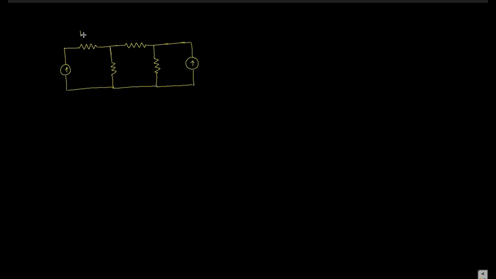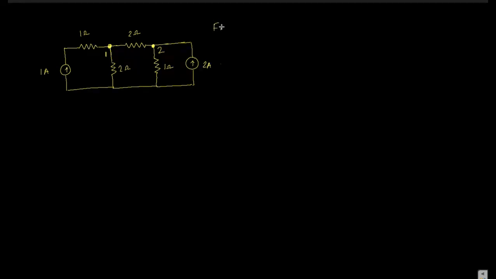This is 1 ohm, this is 2 ohm, this is 1 ohm, this is again 2 ohm, this is 2 ampere, this is 1 ampere. Given that this one is node 1 and this one is node 2. It is asked to find the voltage at node 1 and 2 for this network.